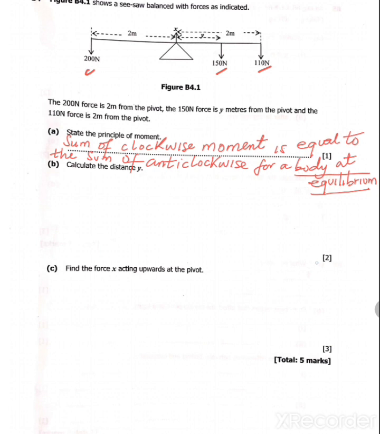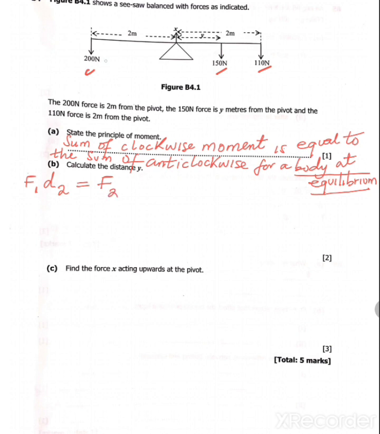Now, the next question is, calculate the distance of y. To find the distance of y, we're just simply going to use the principle of moments. We know that a moment is equal to force times distance. So we'll say force 1 times distance 1 is equal to force 2.